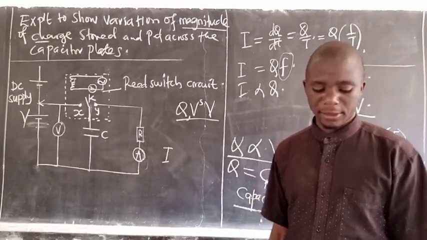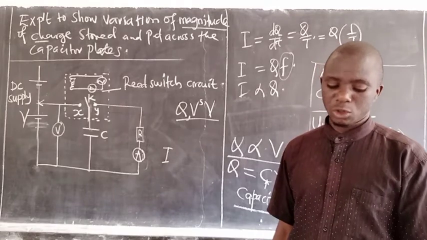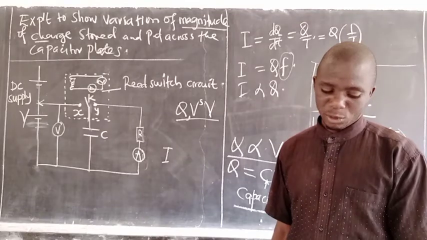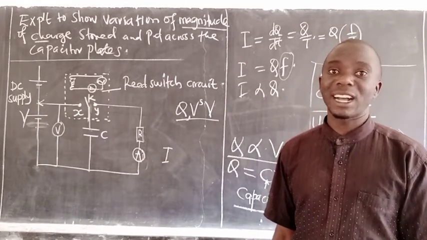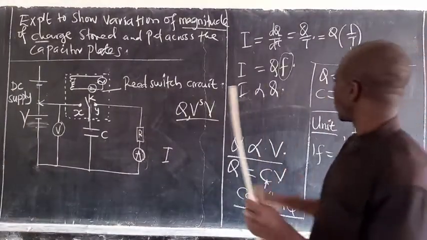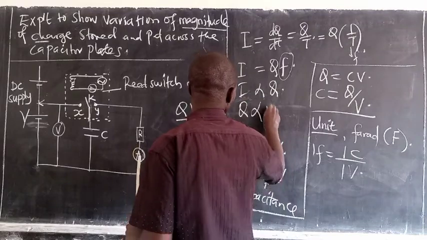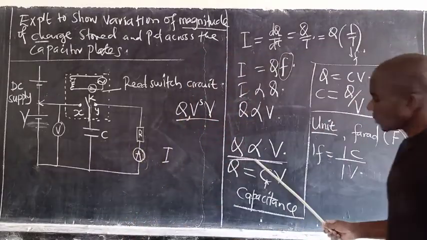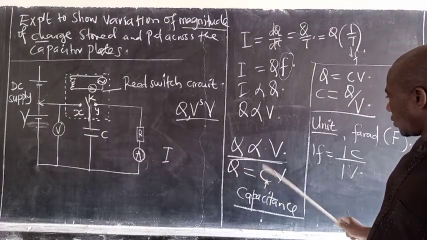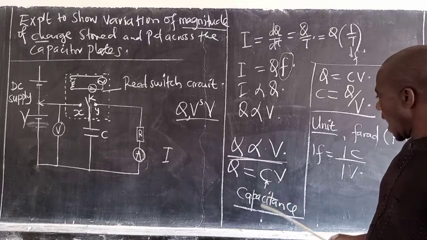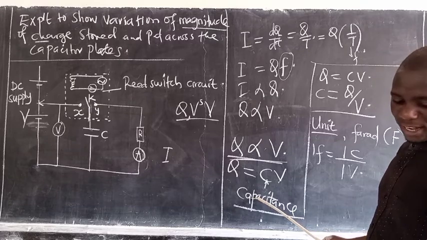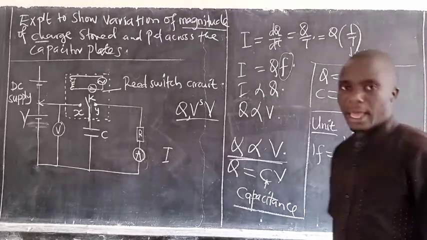This verifies that the magnitude of charge stored on each of the capacitor plates is proportional to the PD across the capacitor plates, i.e., charge Q is proportional to V. Therefore, charge equals CV, where C is the capacitance of a capacitor.